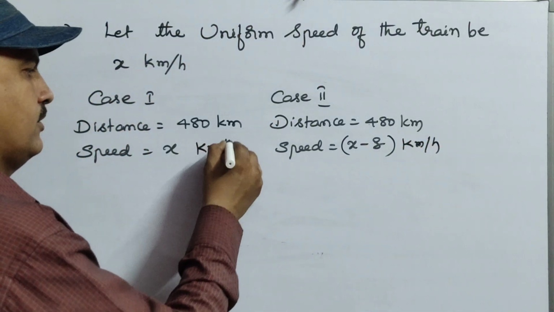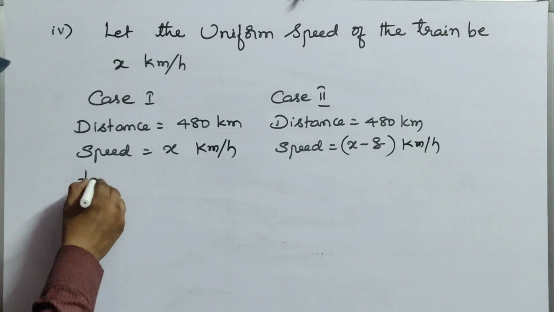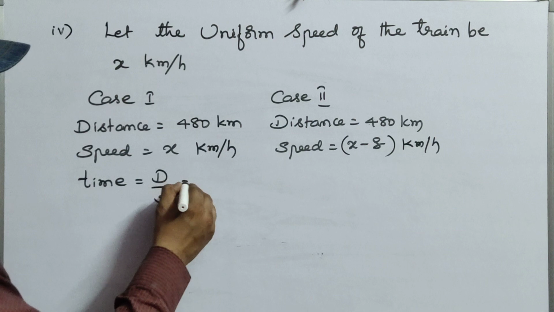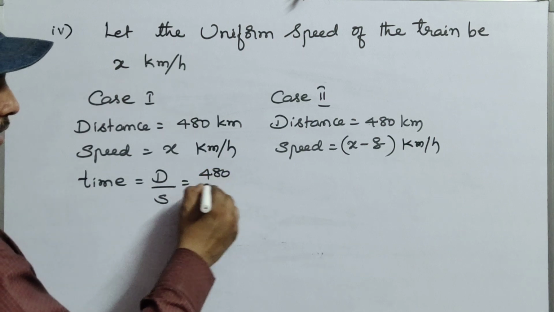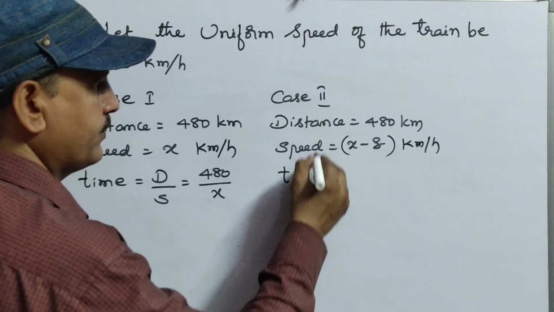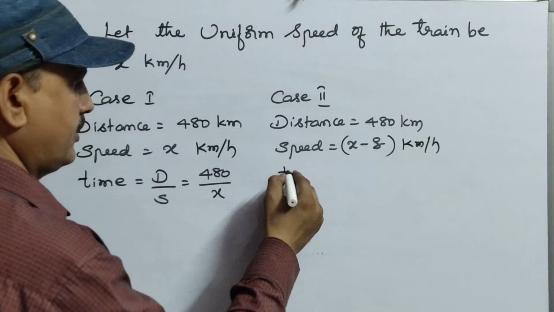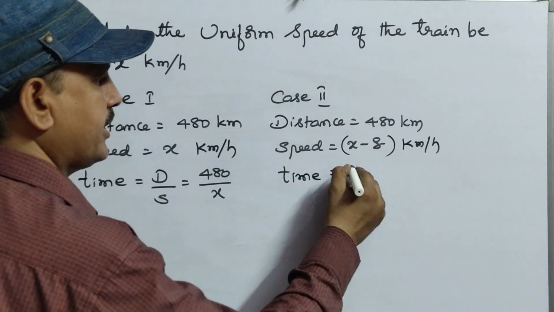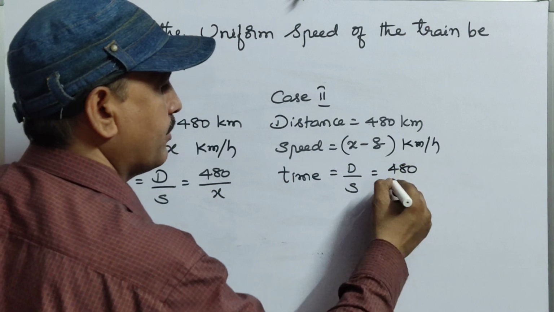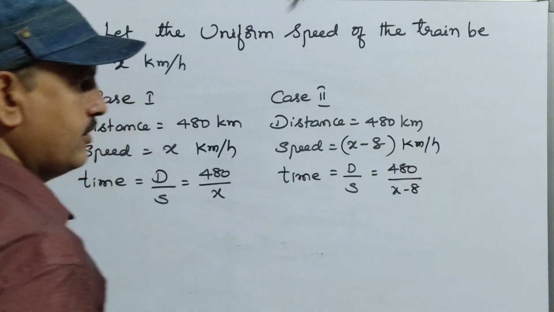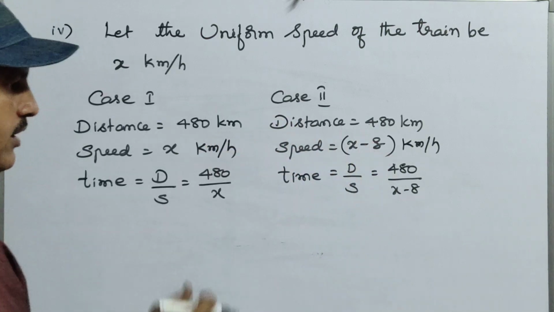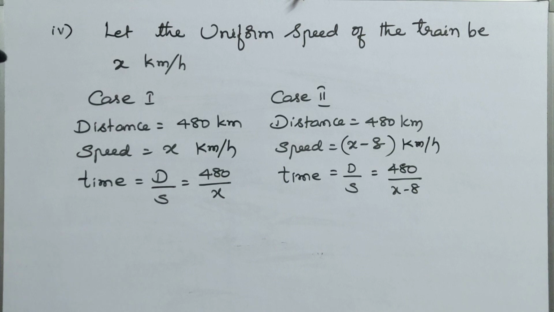Now time equals distance by speed, that is 480 by x. Here time equals distance by speed, 480 by x minus 8. So you understood now? Because of the 8 kilometers per hour reduction, it takes 3 hours extra than the actual time.